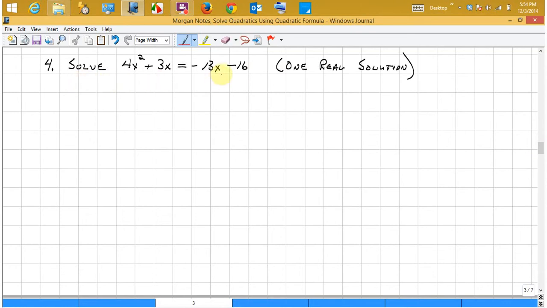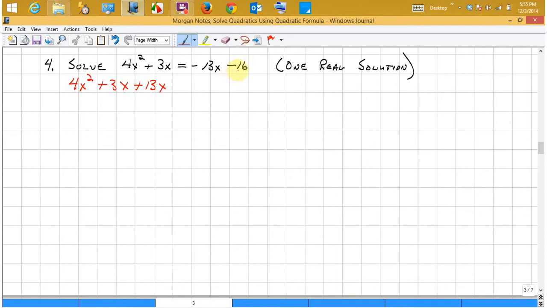So I'm going to go ahead and write this in standard form. So I'm going to add 13x to both sides. So I will have 4x squared plus 3x, and now I'm going to add 13x to both sides.